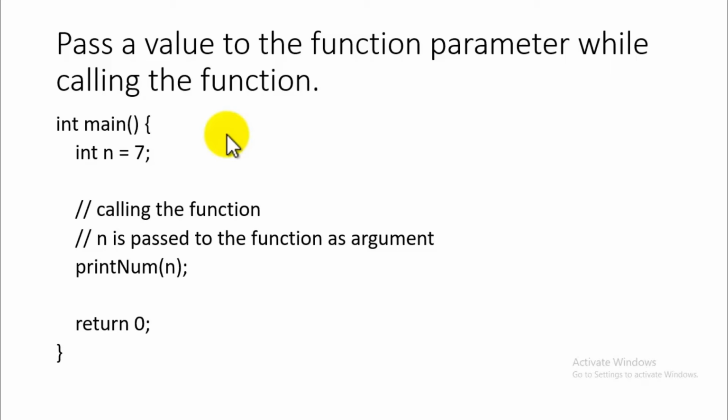Then you have to pass the value of 7, or the n, to the printNum function, which is printNum parenthesis n close parenthesis. So that is how you pass a value from the main function to the printNum function.